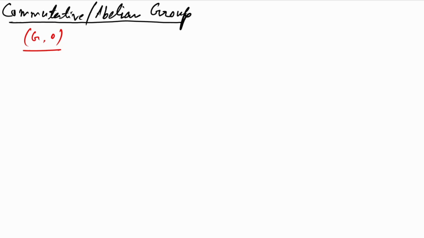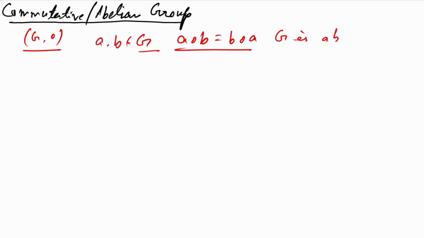Now you take any two elements A and B in G. What is abelian property? A compose B equal to B compose A. If this thing will happen for any pair of elements in G, then we call G is abelian group or commutative group.